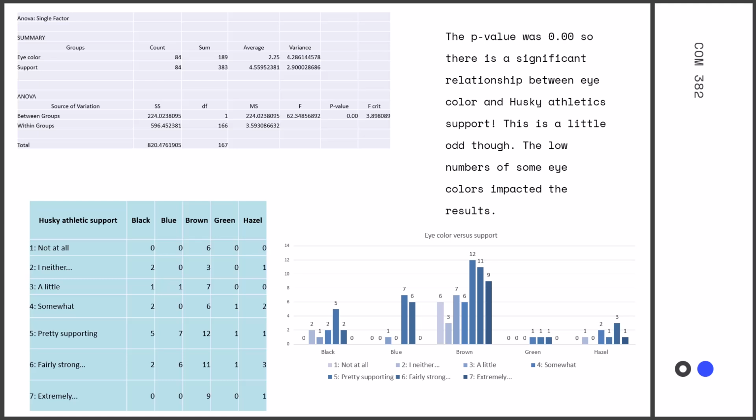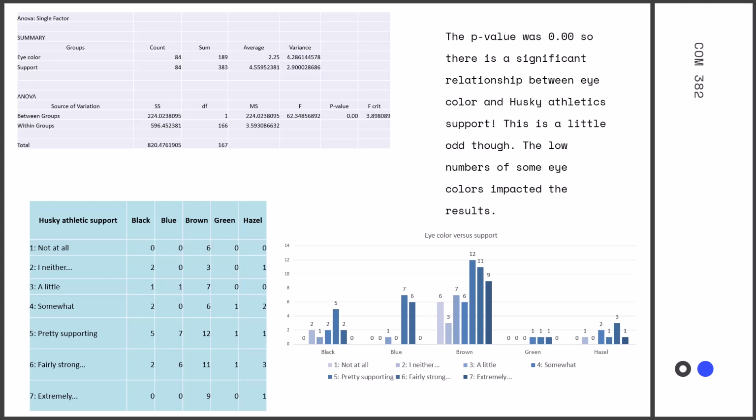However, the p-value was significant, which is shocking. I think the low numbers of some of these eye colors impacted the result, but it did end up having a significant result. There's no theoretical explanation for it, but it did exist in here.